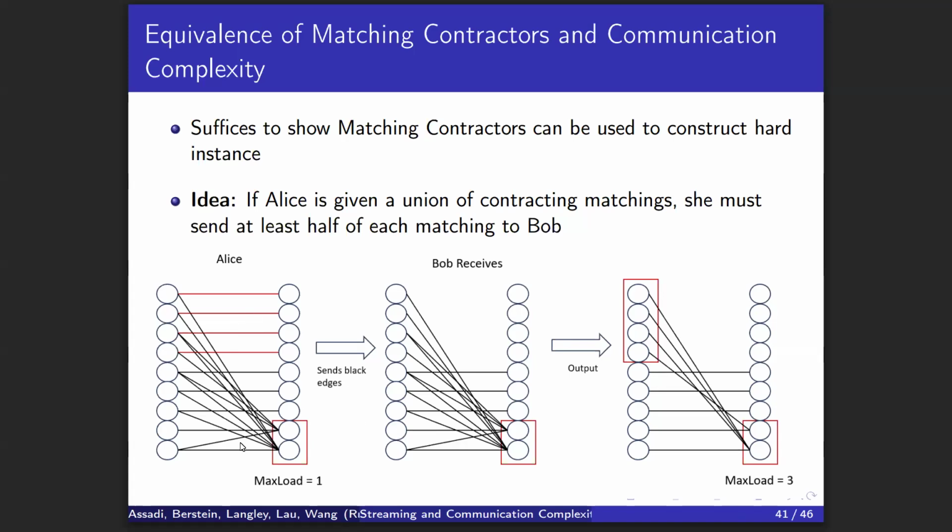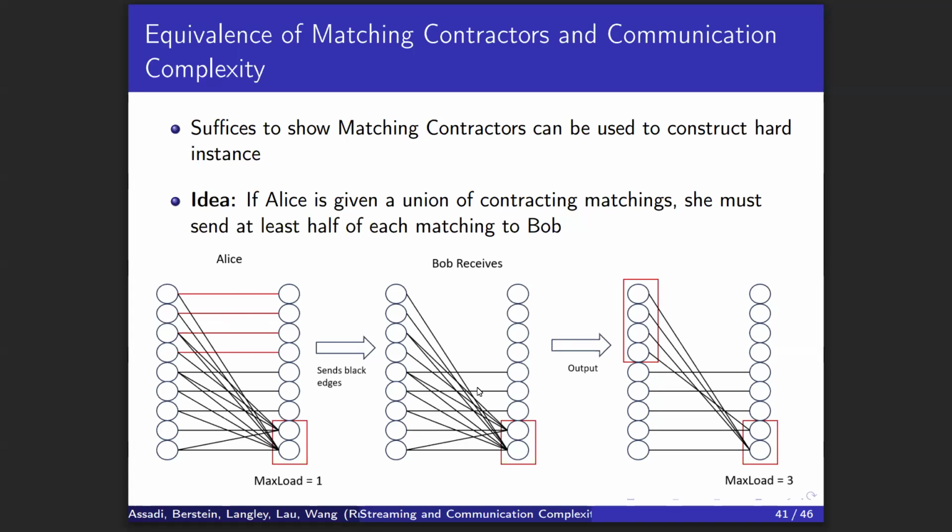For example, in this matching contractor, if Alice fails to send these 4 edges to Bob, then all the other edges on these 4 vertices are matched to these two vertices over here. So if Alice does not send these four matching edges, then Bob is forced to output a solution that matches these vertices to these two, which will give a bad load balancing solution.